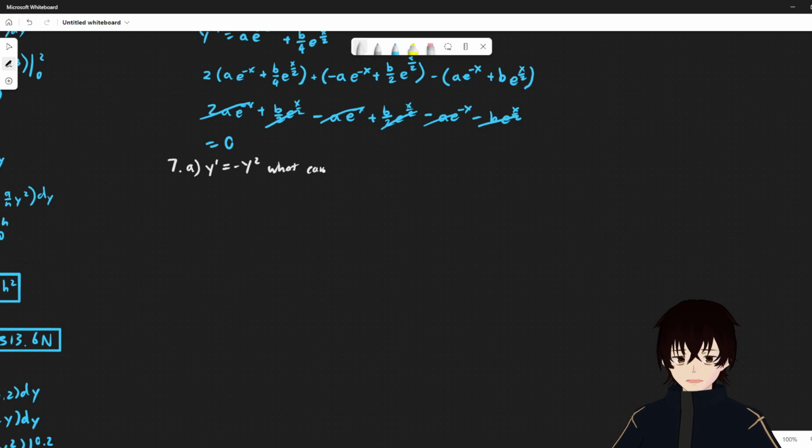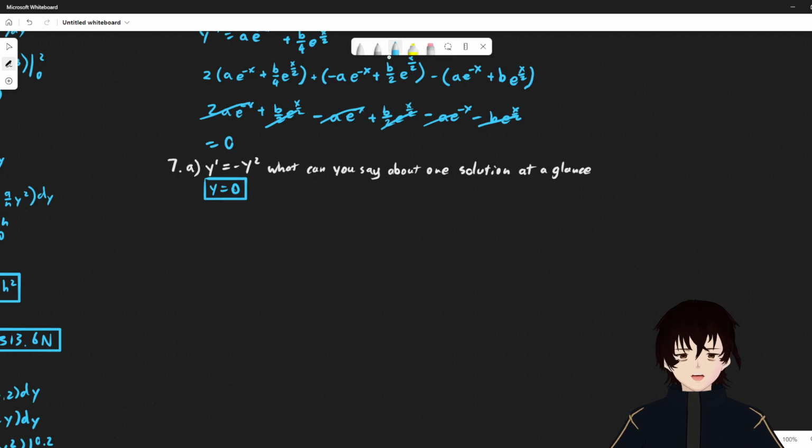What can you say about one solution at a glance? Y equals 0. Simple as that. If y is 0, then y prime is also 0. That's an obvious solution.